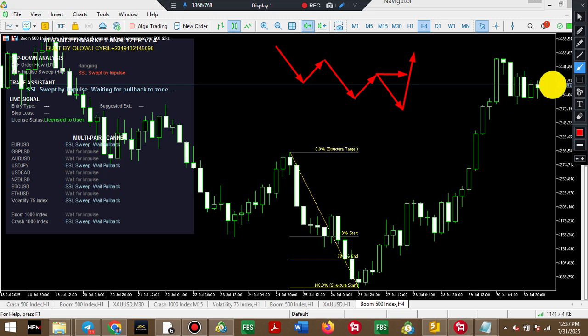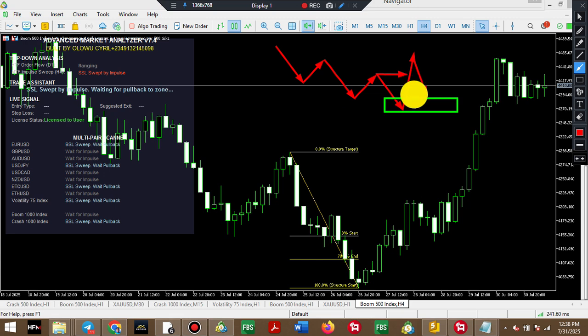So now we are expecting price to come back into this zone on 15 minutes, either using the fair value gap or the demand zone, to trigger an alert, give you the buy, give you the entry type, give you the stop loss, and then the TP.